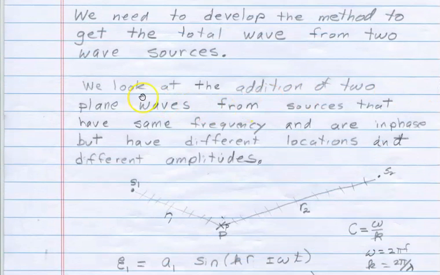But what you have to deal with the most, not 100% of the time, but probably 95% of the time, you're going to be trying to find the resultant field at a given point P that results from two different sources of waves, S1 and S2 here, or more than that. But the waves will have exactly the same frequency.